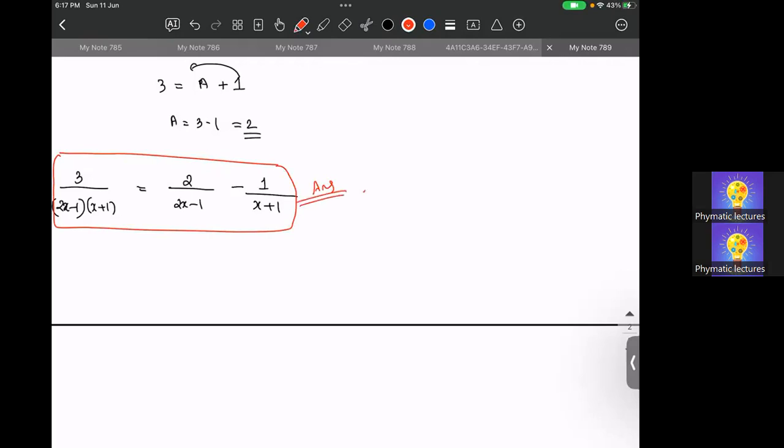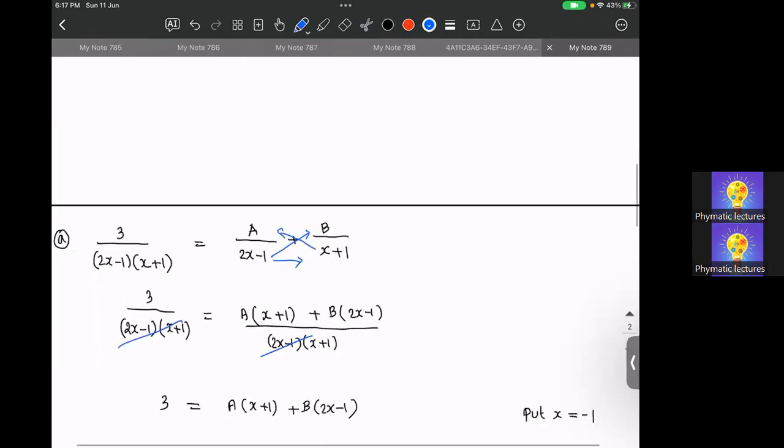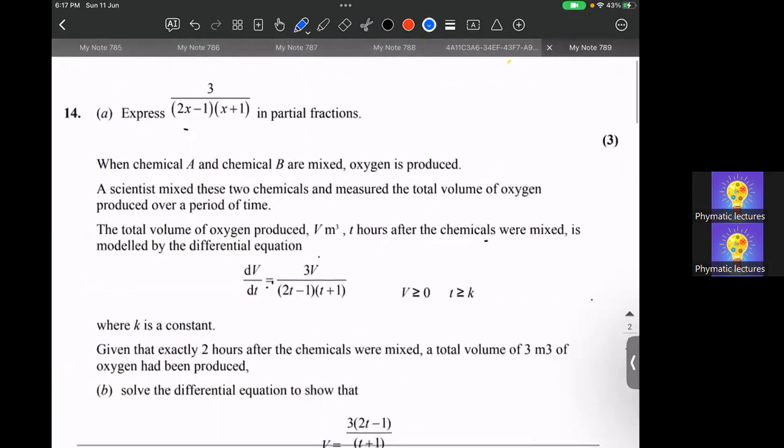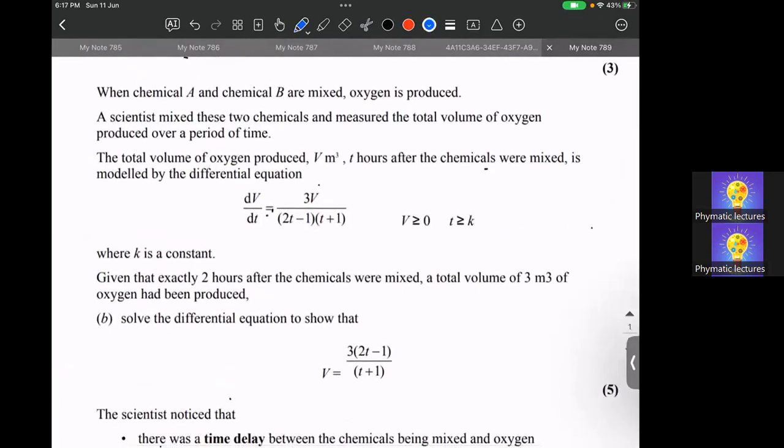Clear? So that is the answer for the A part of question number 14. Now, go to the second part. When chemical A and chemical B are mixed, oxygen is produced. A scientist mixed these two chemicals and measured the total volume of oxygen produced over a period of time.